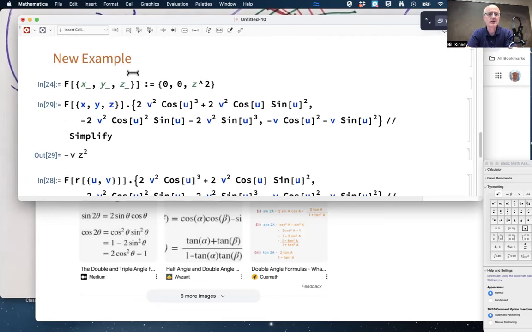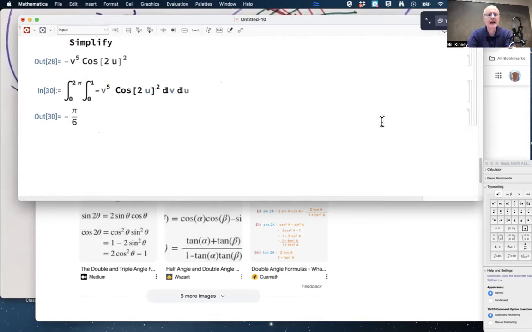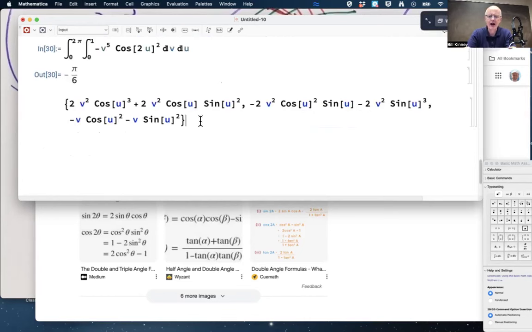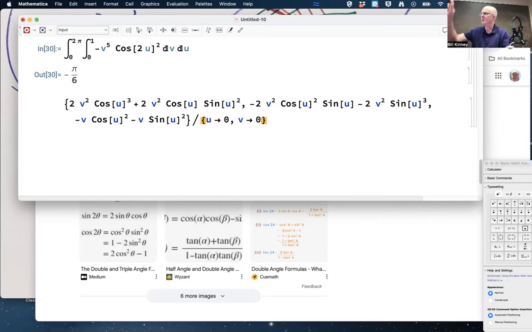How could I figure that out? There's your cross product. I could plug in, say, u equals 0, v equals 0 into that and see if I get a vector pointing upward or downward. It's probably pointing downward.